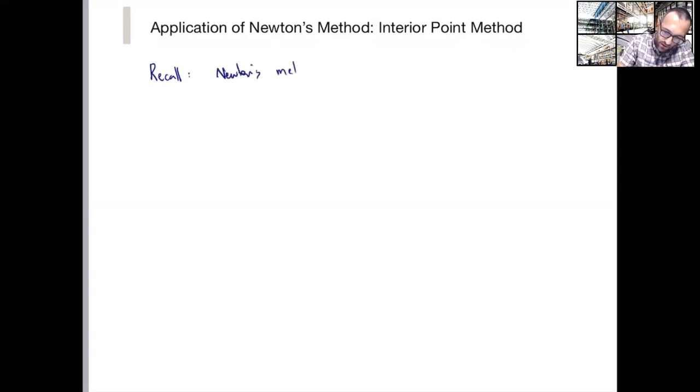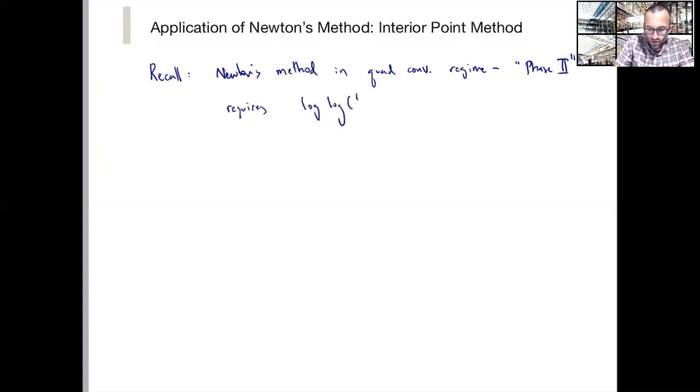So Newton's method in the quadratic convergence regime, which sometimes is called phase 2, requires log 1 over epsilon iterations to obtain an epsilon accurate or an epsilon suboptimal solution.